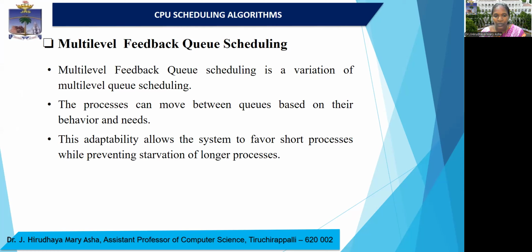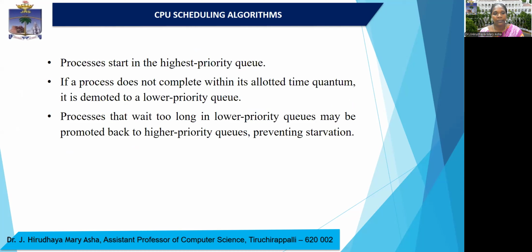Based on this multi-level feedback queue scheduling, the processes move front and back in the queue so that the shortest jobs get more attention, and starvation is prevented, so there is no need for the shortest job to wait for a longer time. The process starts in the higher priority queue. The execution starts from the highest priority queues.